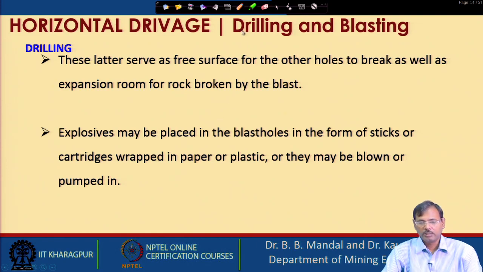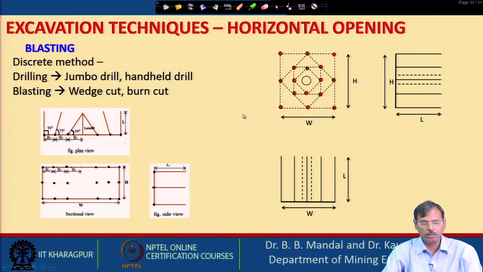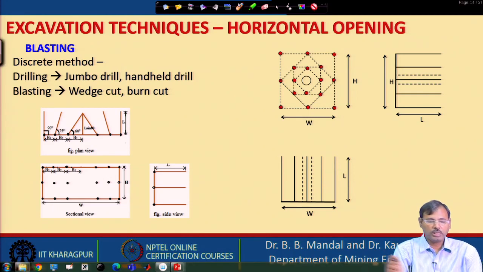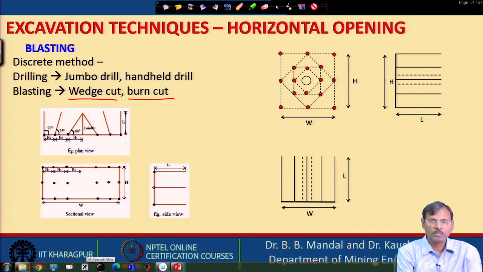After drilling, the charging is carried out. We have already seen how the charging is carried out, and then the blasting is practiced in the face. In general, we are using two types of blasting pattern. One is wedge cut, another is band cut. Wedge cut is basically the angled hole cut, and band cut is basically the parallel hole cut.